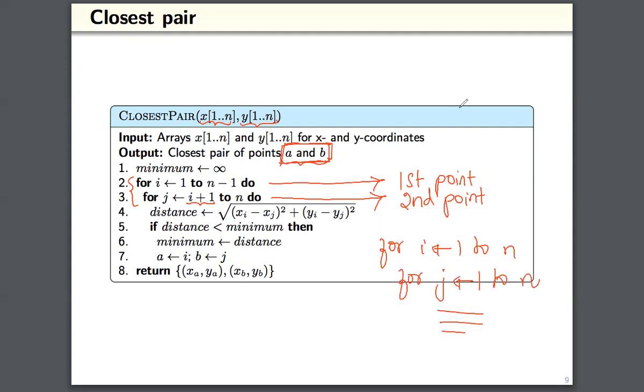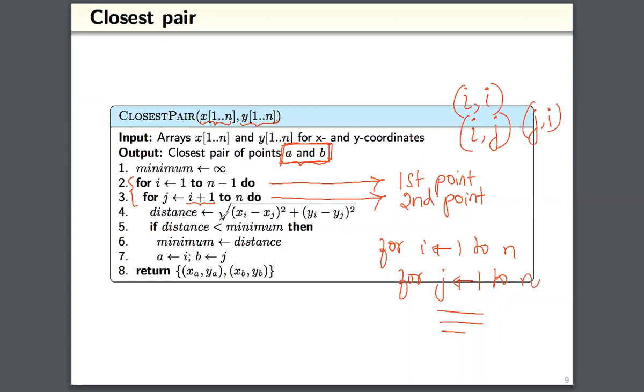The reason is, as you said, you don't care for the point I, I. And suppose you have computed the distance from I to J, you don't want to compute the distance from J to I because it is the same. Redundant computations. So hence, we order that J is always greater than I.